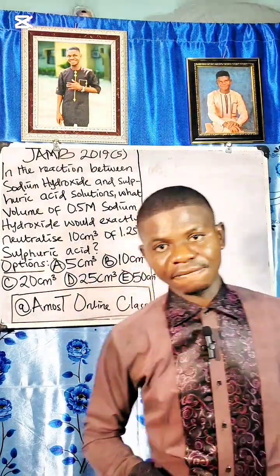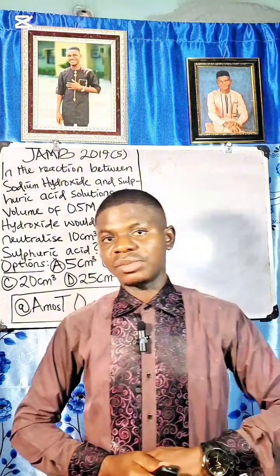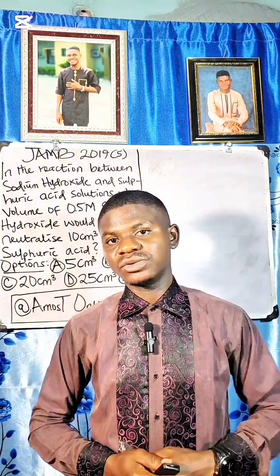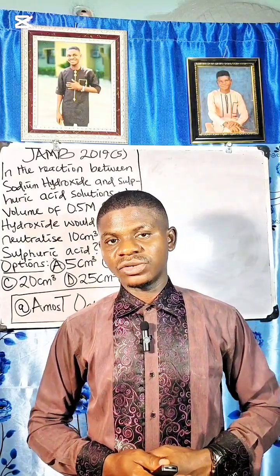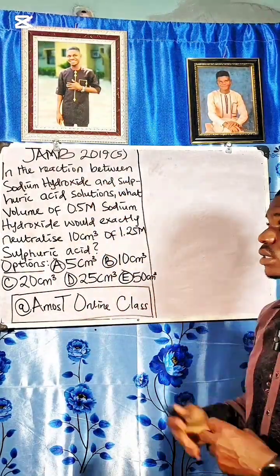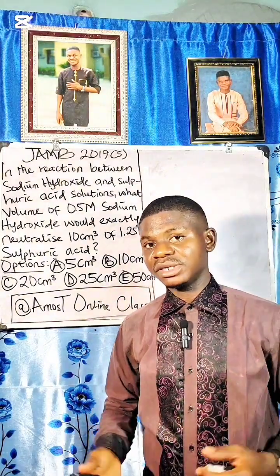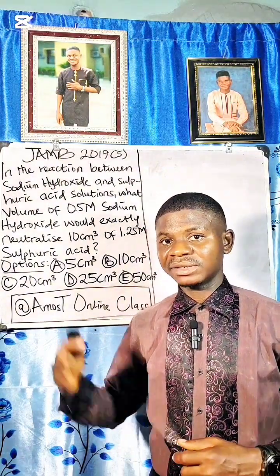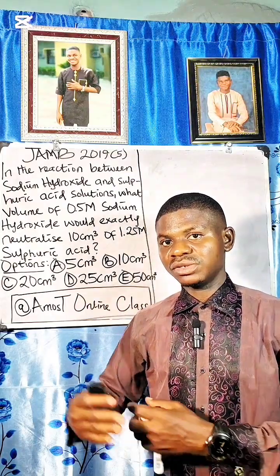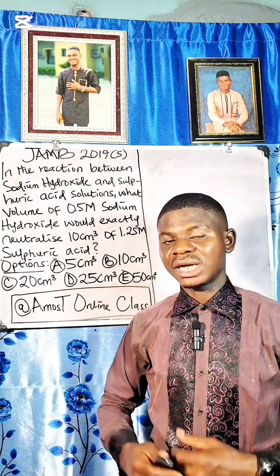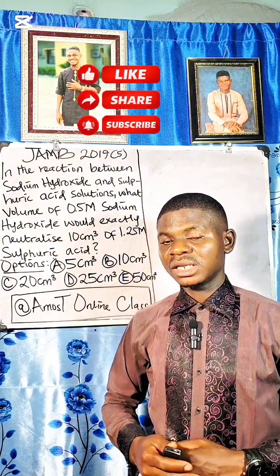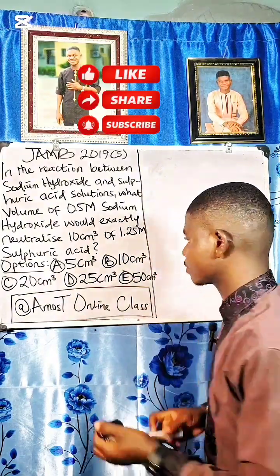Now, the first step to providing a solution to this kind of problem is to write a balanced chemical equation. From the question, there is a reaction between sodium hydroxide, which is a base, and sulfuric acid. This kind of reaction is a neutralization reaction between a base, sodium hydroxide, and an acid, sulfuric acid. Now, let's see what happens.